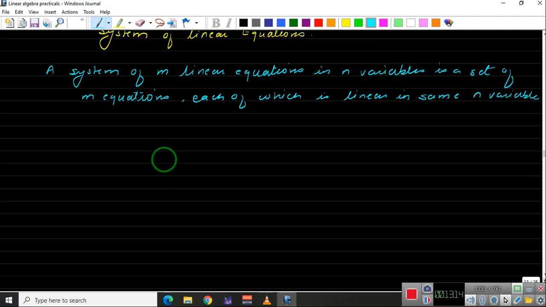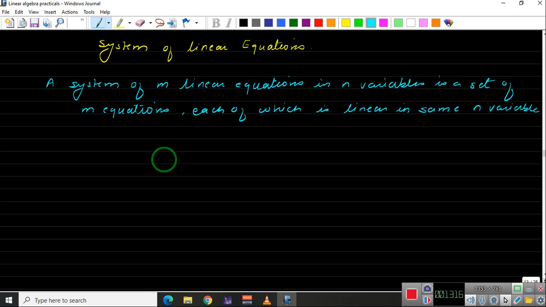Okay, so if you want to write it in a mathematical way, let us write it. We will have, say, let us take variables to be x1, x2 up to xn. And the coefficients. So for writing all those equations, let us use the suffixes.